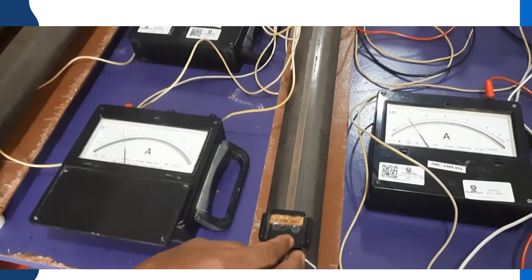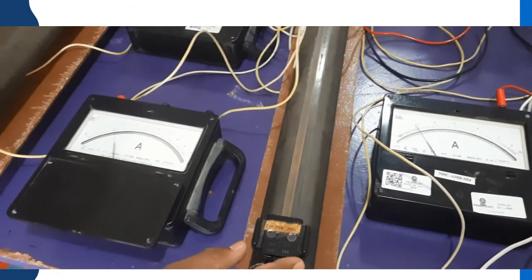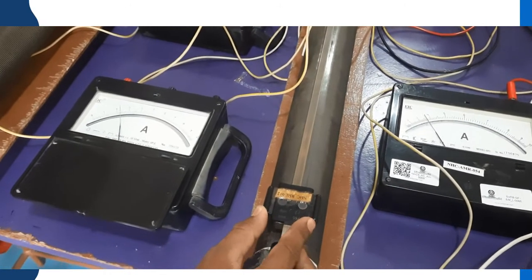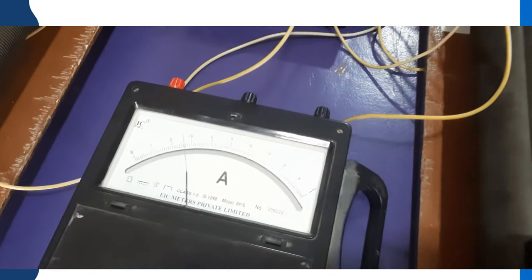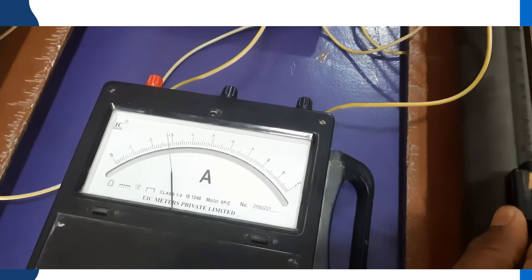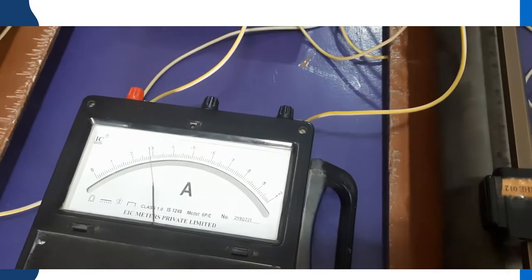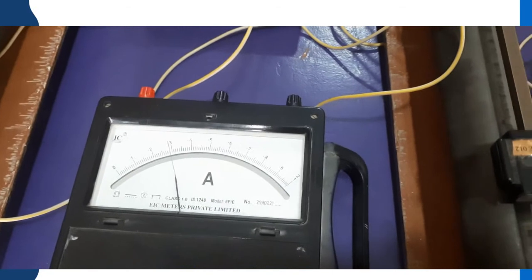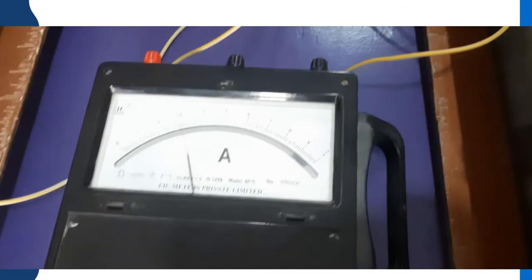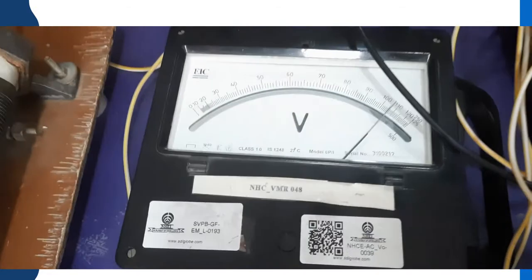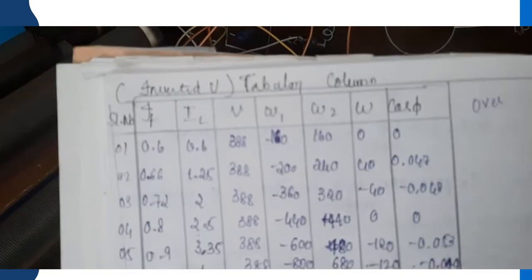Now we are going to do over excitation, that means increasing the field current. In each step of increasing the field current, 0.2 to 0.3, 0.3 to 0.4, 0.4 to 0.5, we have to note down IF and the voltage in tabular column 2.